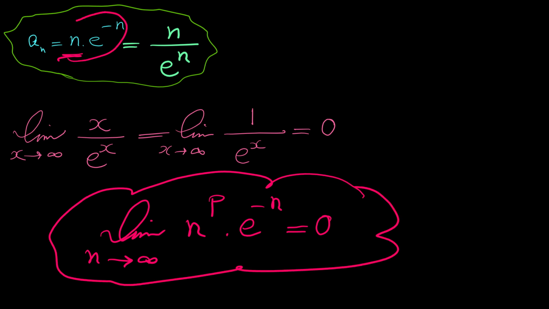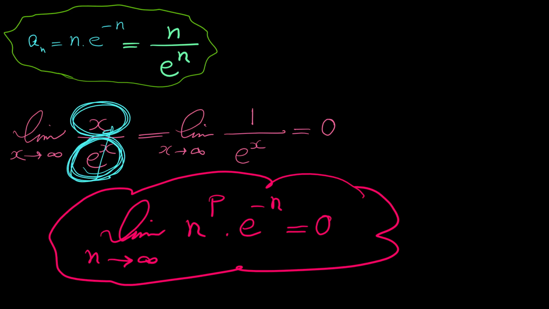So not only is the limit of this sequence 0, if it was n to the 2 or n to the 3, the limit is always 0. Basically, the fact behind this is that when you have an exponential function in the denominator and in the numerator you have a power of x, like x or x to the 2 or even x to the 10, the growth of the exponential function is faster than this function.